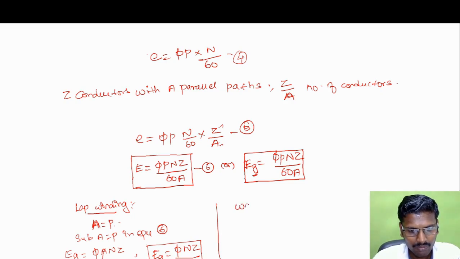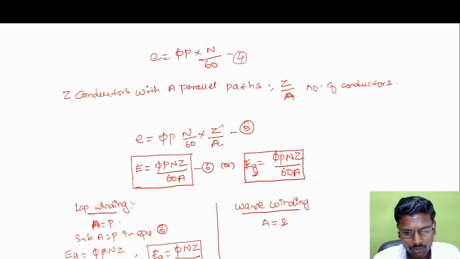Now for the wave winding category, if the armature conductors are wound under wave winding, then the number of parallel paths A is equal to 2 always. Now substitute A is equal to 2 in equation 6.